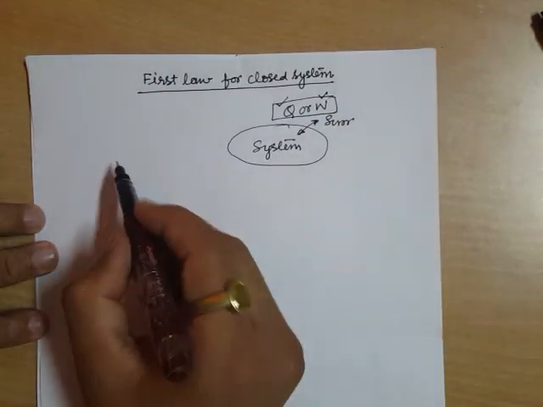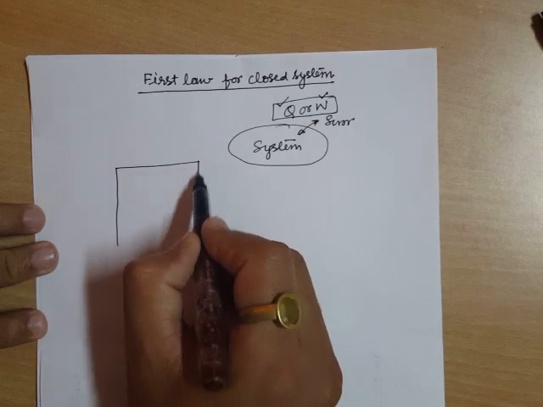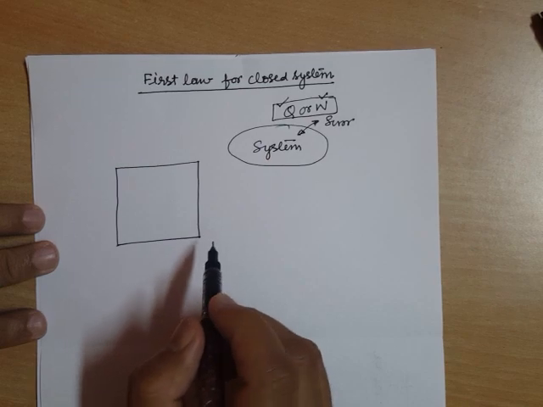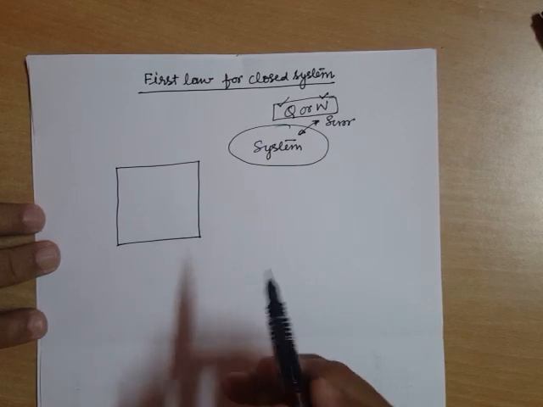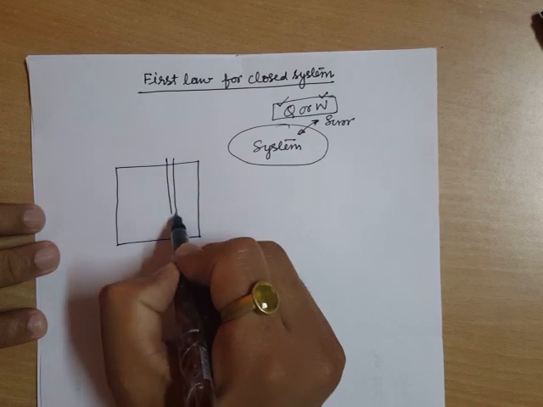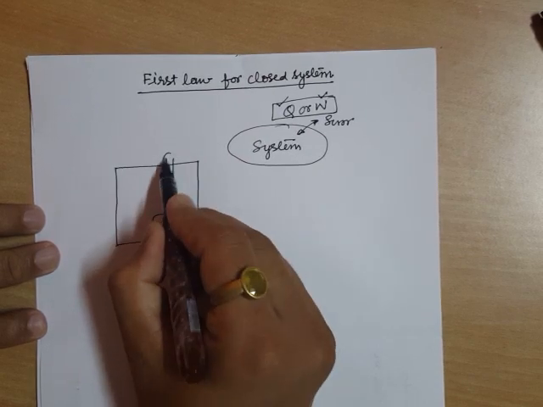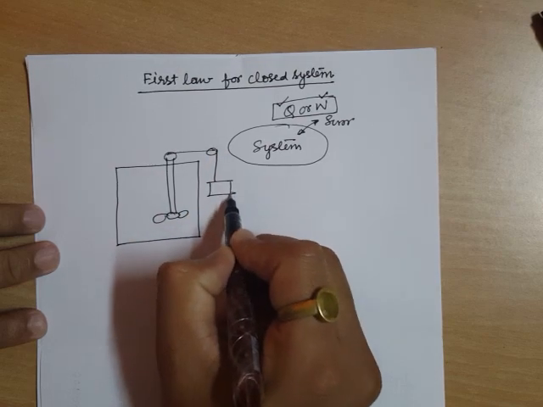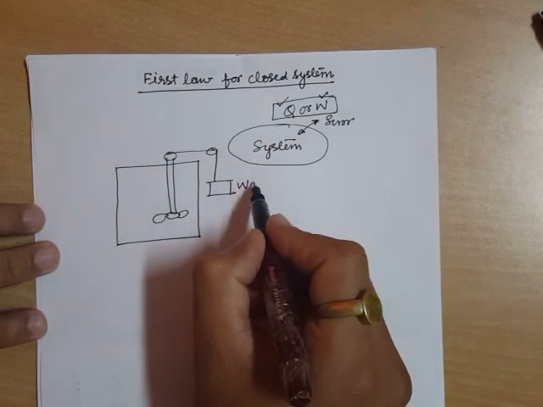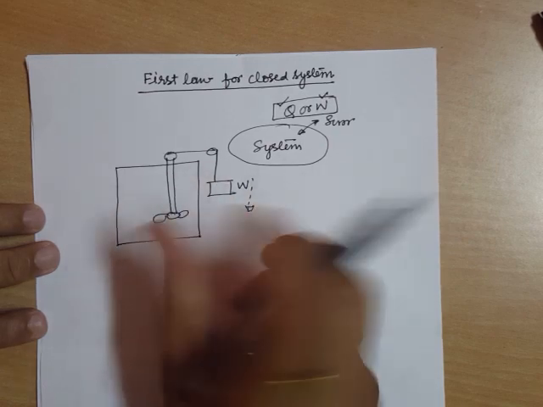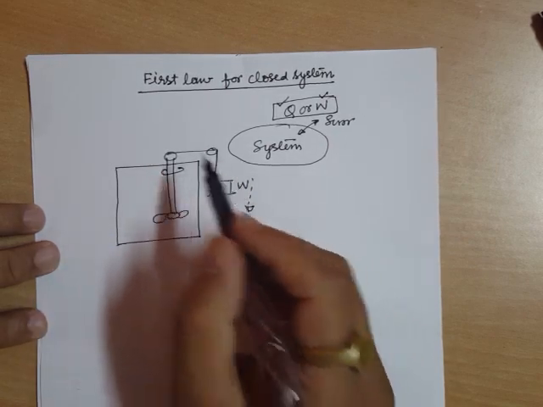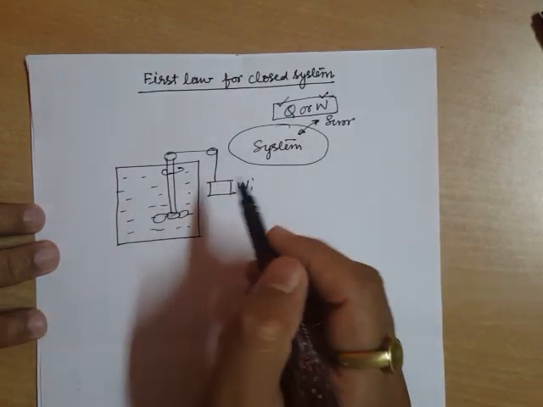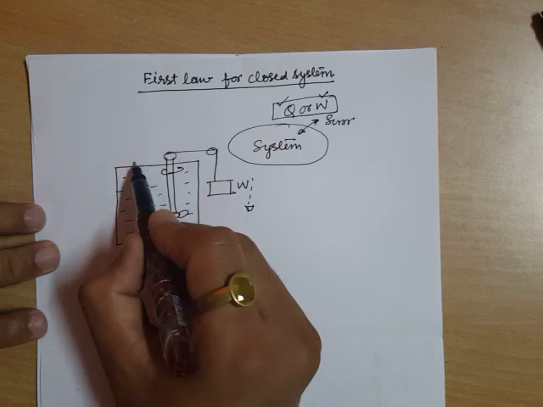Now consider a very classic example. This experiment was done a long time back by Joule. What he did, he inserted a churner, and with the help of these weights, as these weights fall down, this churner will start rotating. In this chamber, there is some known fluid, let us say water.